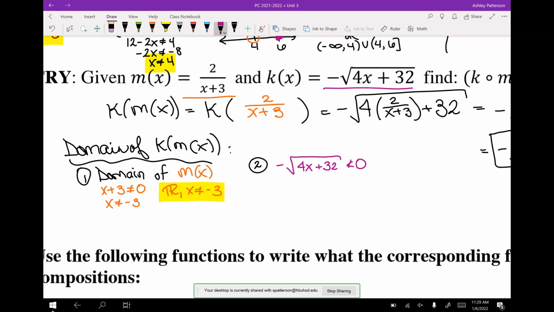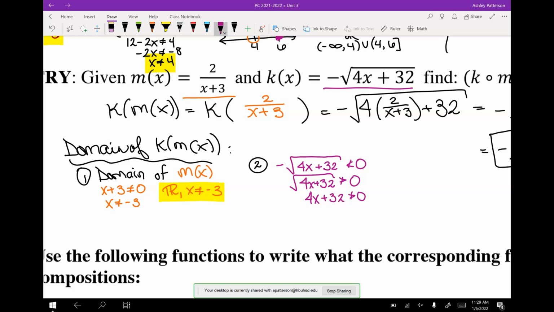Okay, divide by a negative with me. We get the square root of 4x plus 32. This cannot be now greater than 0. Square both sides, so 4x plus 32 is not greater than 0.